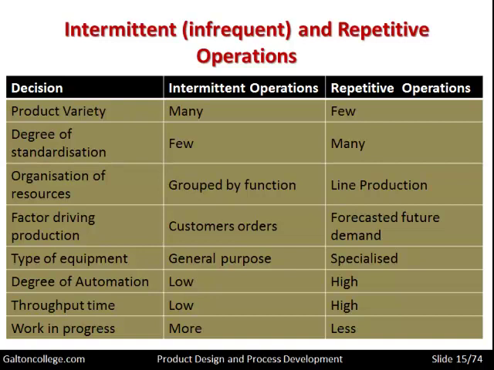So it's work in progress. There's more of it around. It's intermittent operations. It only happens once in a while and it's not continuous. With repetitive operations, there's less work in progress. It's continuing. It's been processed all the time. So there's less work in progress to be seen.